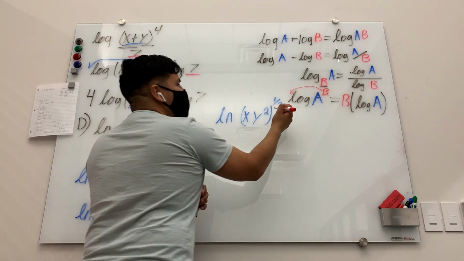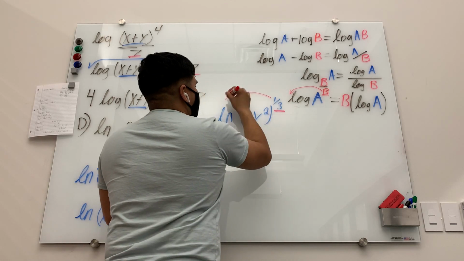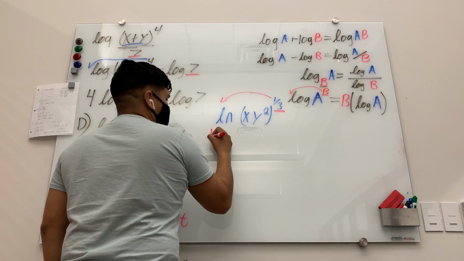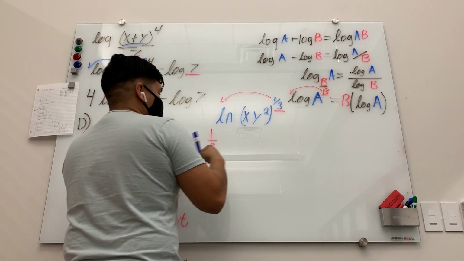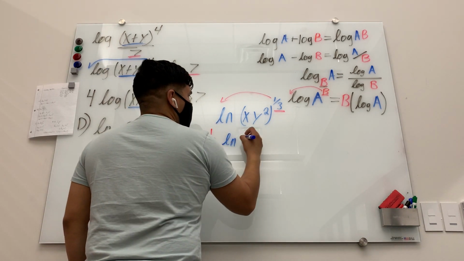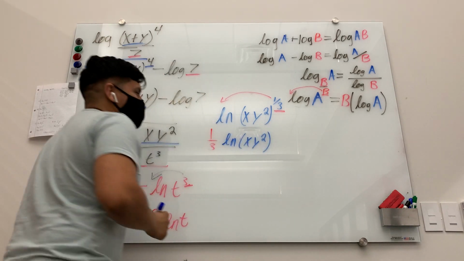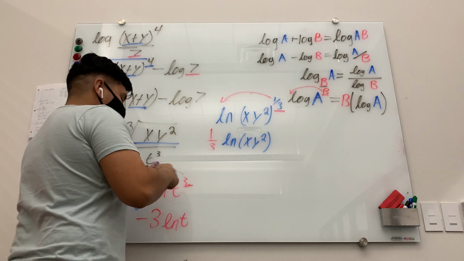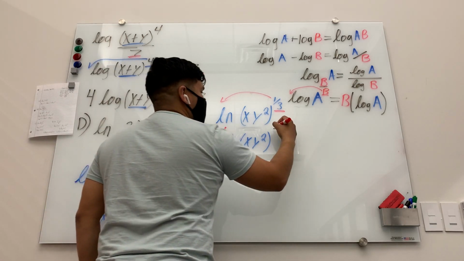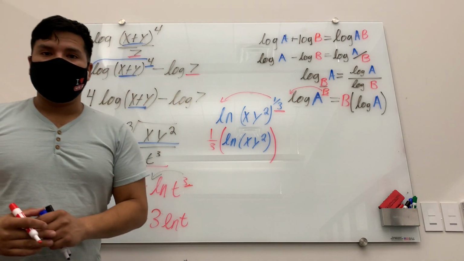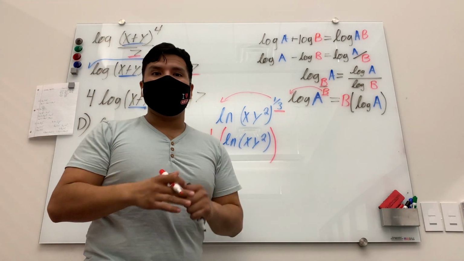We have that coefficient again that can be brought out to the front. So now we have 1/3 natural log of xy squared. And for this guy right here, we put some parentheses around it so that it stays all in order.